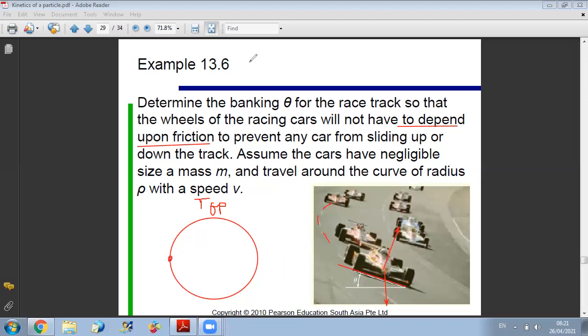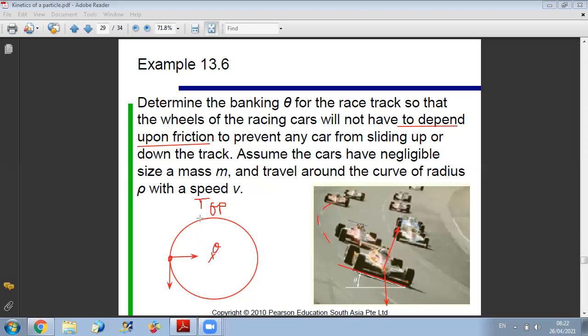Then you have, first, UT is tangent to the path, so it's perpendicular to the radius of the circle. If I consider this is my center of curvature here, UT is perpendicular to the radius, tangent to the circle. UN is always directed towards the center of curvature.